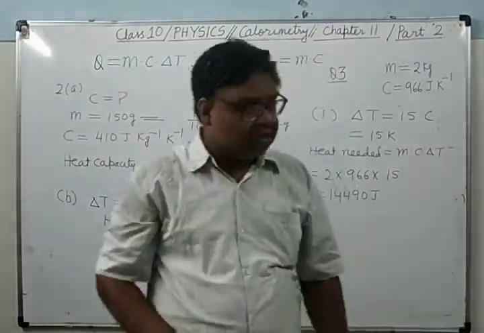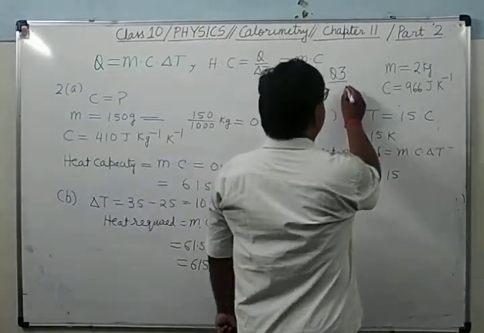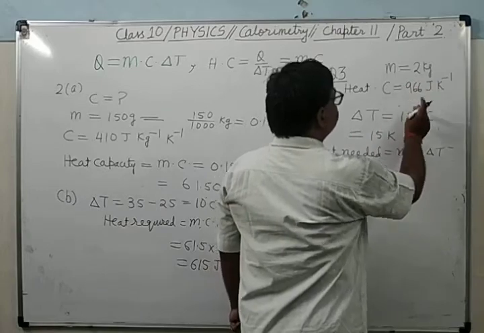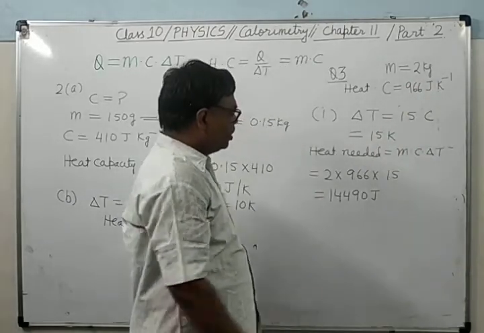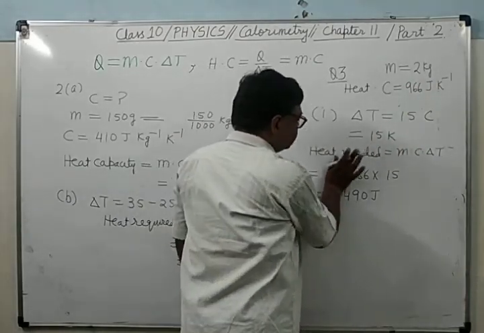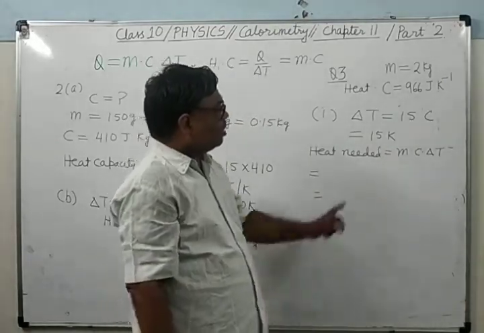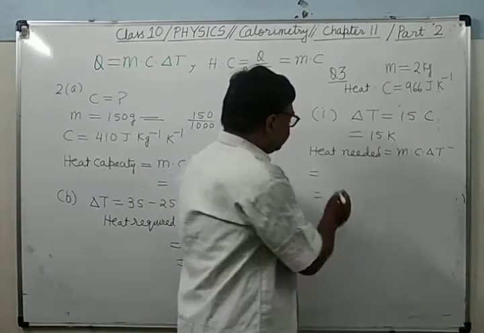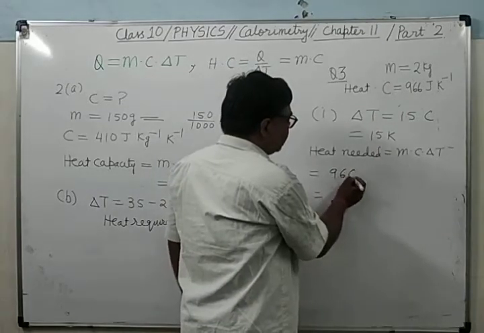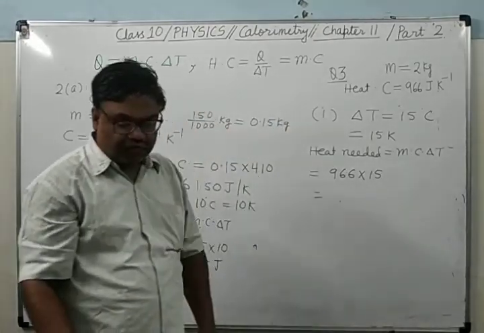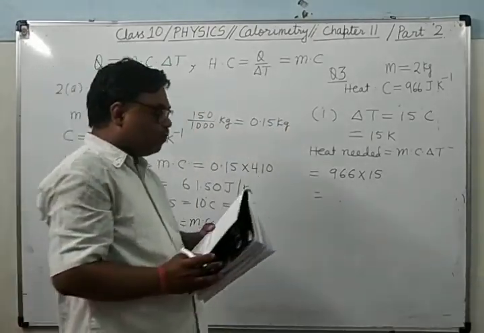Heat capacity means M into C. It's clear? So you can see here, M into C is 966 into 15. When you calculate, it will come out 14490.